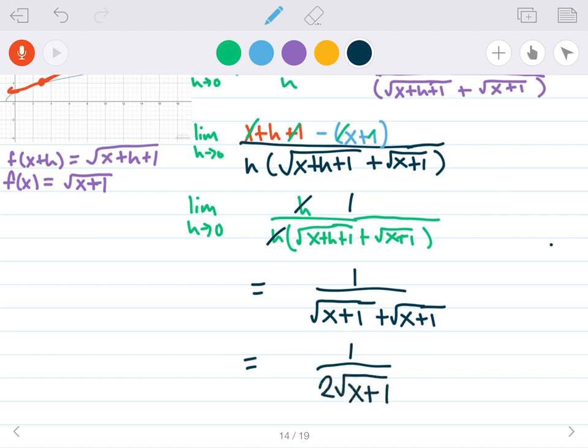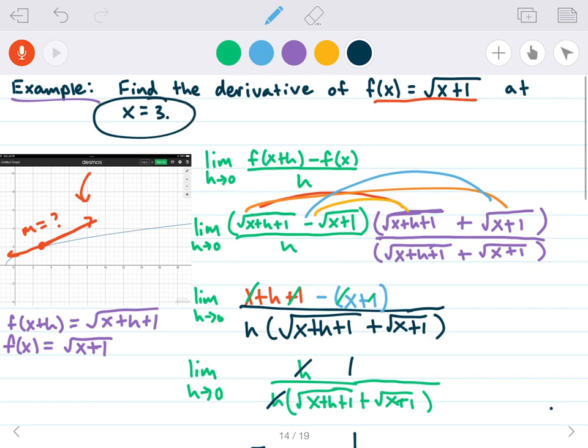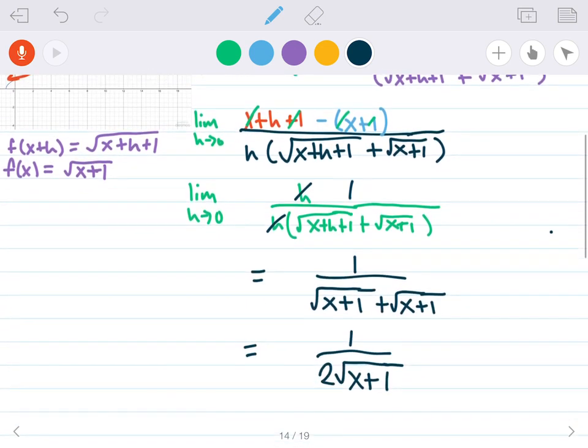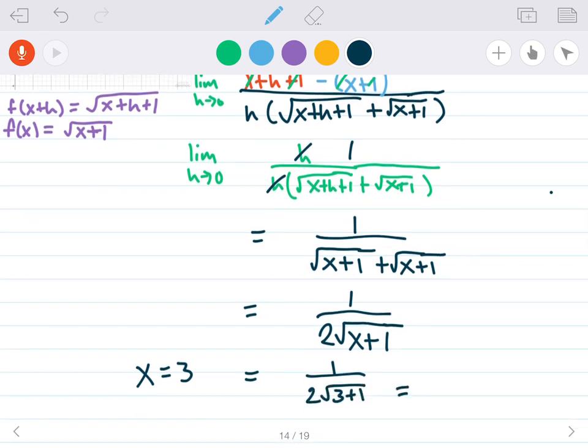So that's my derivative. And I'm interested in finding the slope when x equals 3. So I need to plug in 3 for x to figure out what the slope is. Okay, so I end up getting 1 over 2 times root 4, which ends up being 1 over 4 as my slope.